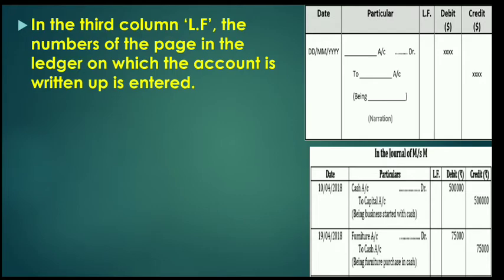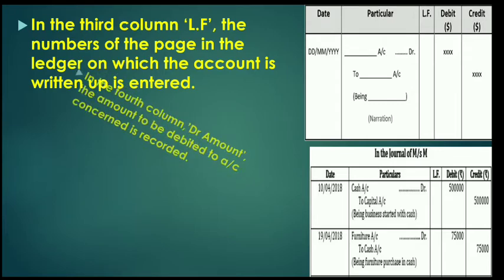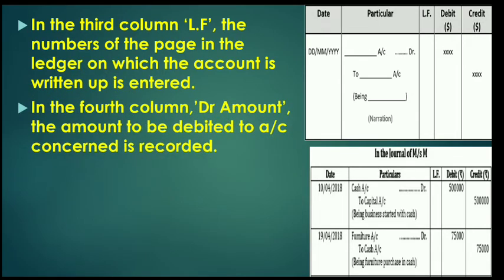Unless and until the transaction is entered in the ledger, we cannot write the LF number. So in this third column, the number of the page in the ledger on which the account is written is entered. Now it is empty as the transaction has not been recorded in the ledger book. Now in the fourth column, debit amount, how much amount is debited.